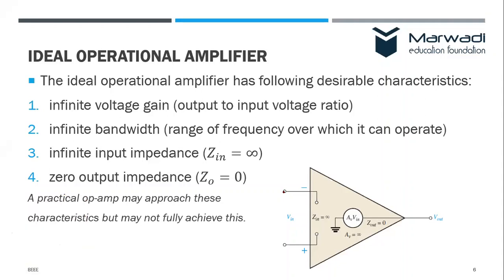Let us see. We have an input signal here, right? Now this input signal can be anything. It can be a signal coming from a transducer. Transducer means sensor, right? So this signal will normally come from the sensor at the input side.